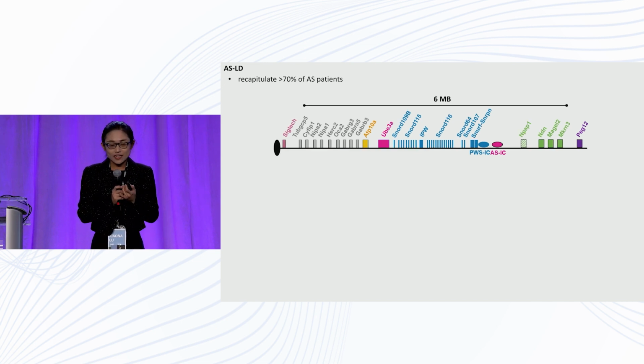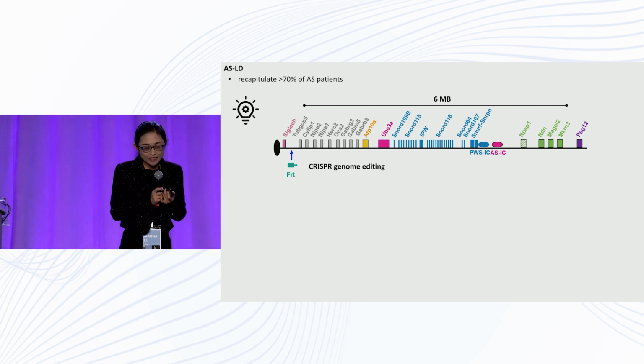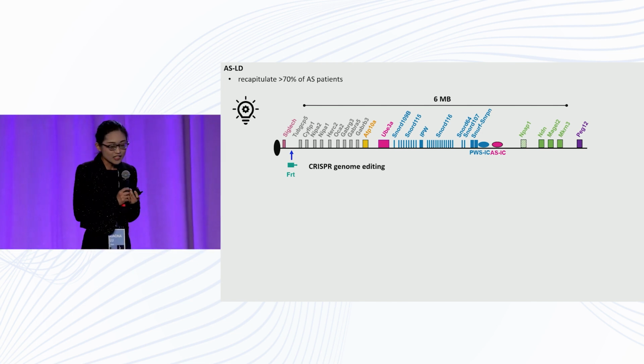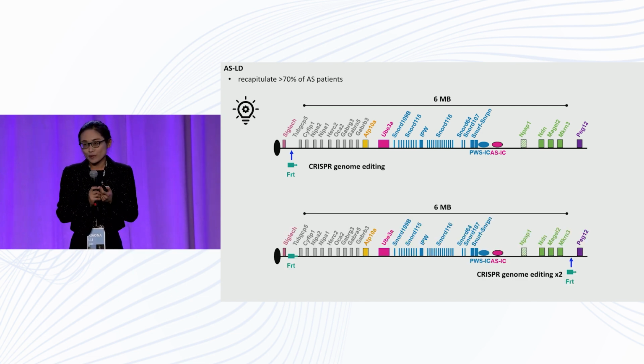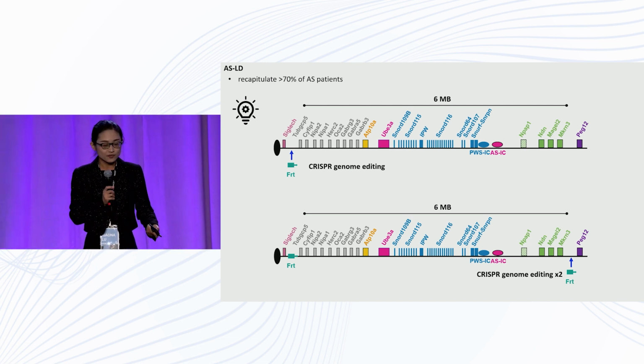Therefore, to fully understand Angelman syndrome, we need a new mouse model which carries a 6 megabase large deletion on the maternal chromosome to recapitulate the majority of the Angelman patients. Here is the plan. We can use CRISPR genome editing to insert the first FRT upstream of the large deletion region. After it is in place, we will use the same strategy to insert the second FRT.